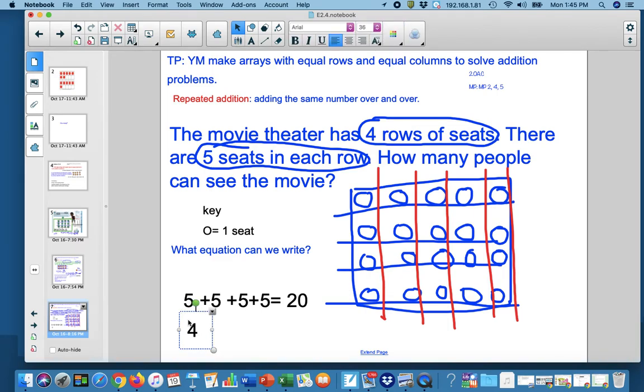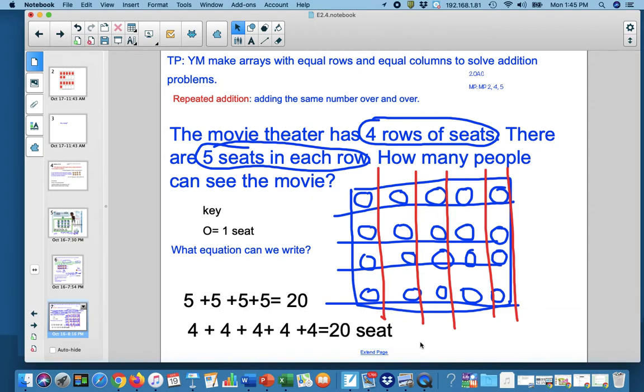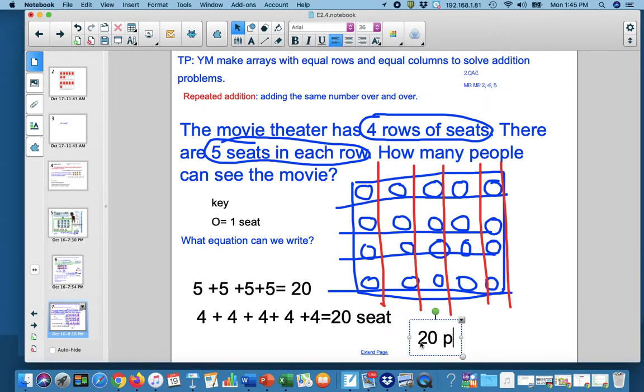So we have 4 plus 4 plus 4 plus 4 plus 4, and that equals 4, 8, 12, 16, 20. 20 seats. So how many people can see the movie? 20 people can see the movie.